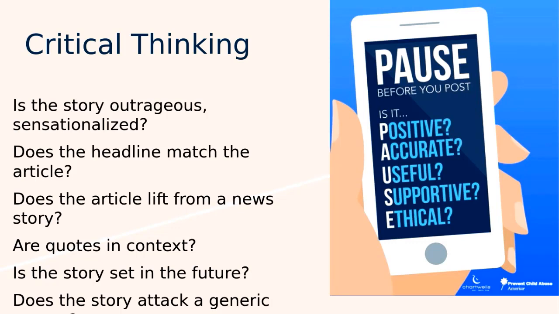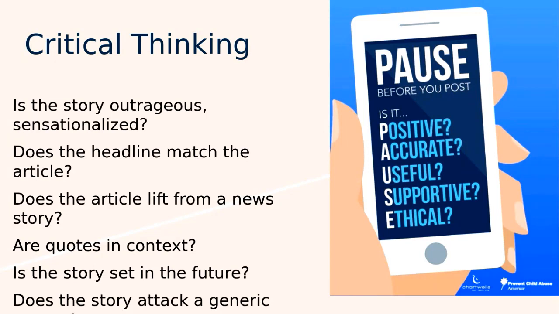Anytime you're seeing quotes out of context, if the article isn't providing a context for the quote, that could be misleading, using other people's words to fit the message that you want to send and not its intended message. Be wary of any story set in the future, predicting what will or may happen. Not that you can't read these, but recognize that these are opinion-based versus fact-based.